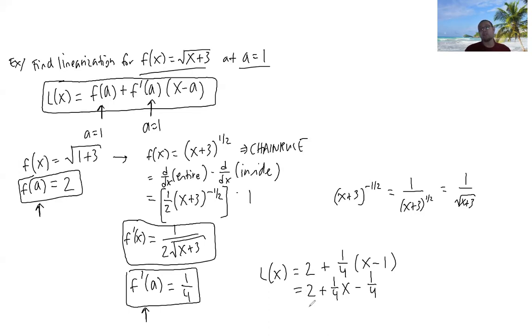Let's change 2 into a fraction that has a denominator of 4 so we can combine the two. This is going to be 8 over 4, because 8 over 4 is in fact 2. So 8 over 4 minus 1 over 4 is 7 over 4, plus 1/4 x. This is your answer for the linearization.